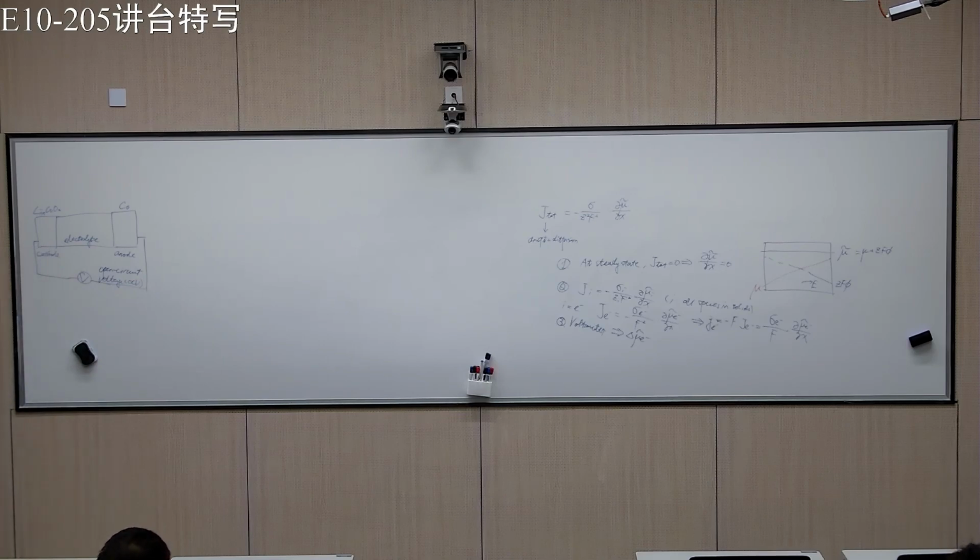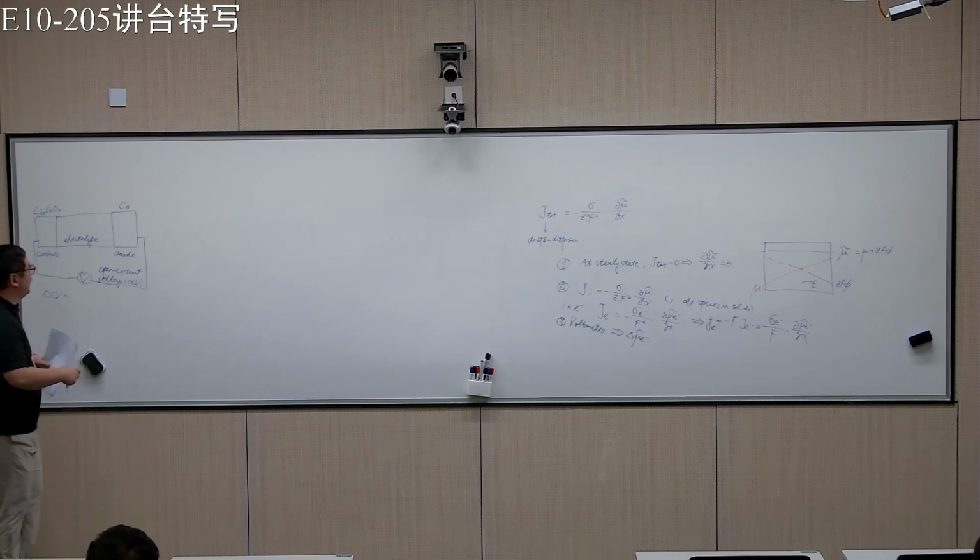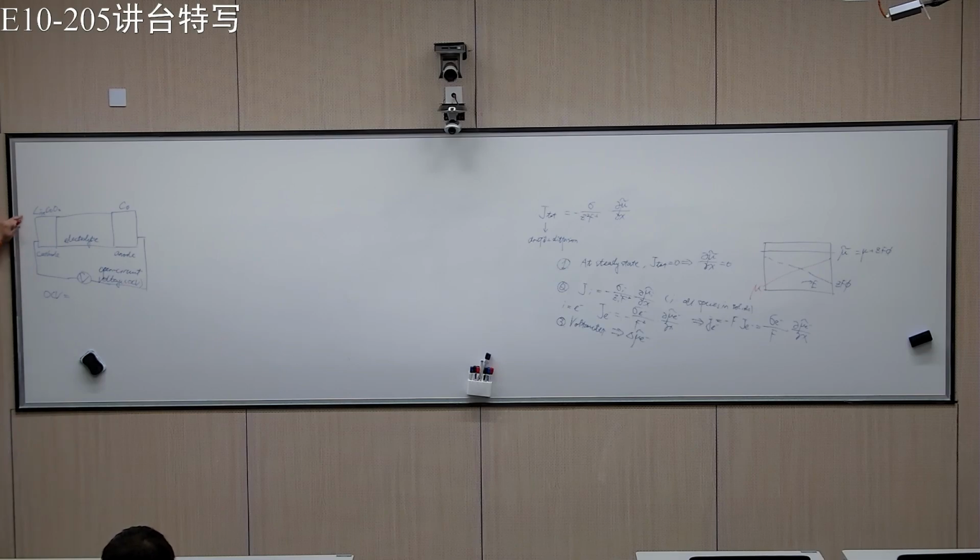Then, what kind of OCV are you going to measure? The OCV you are going to measure is basically governed by the difference of electrochemical potential of electrons between the two leads. Okay. So this is not electrostatic potential, because you can see that the cathode and anode are made of different materials.